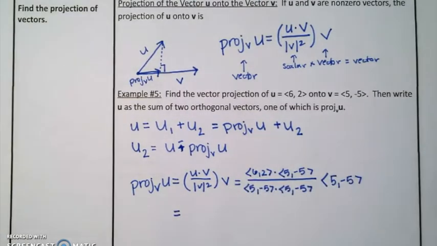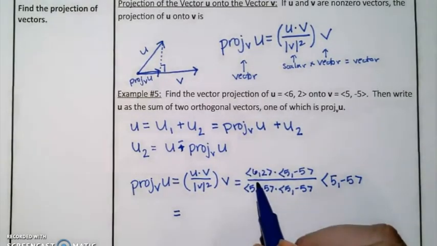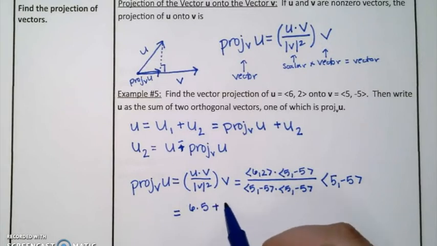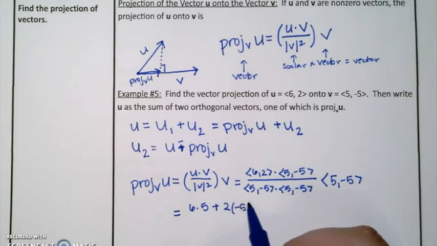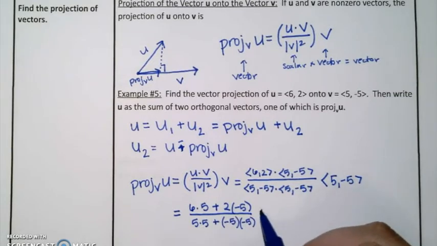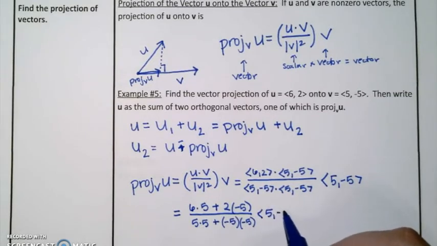All right, so for the dot product, I take 6 times 5 plus 2 times negative 5 divided by 5 times 5 plus negative 5 times negative 5, and then I multiply that to our vector v.